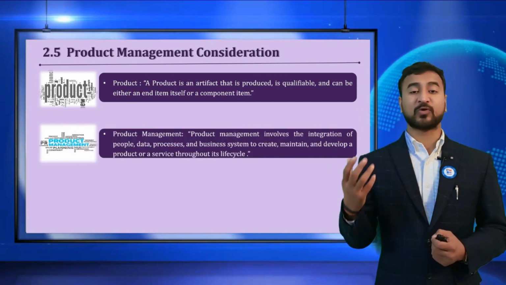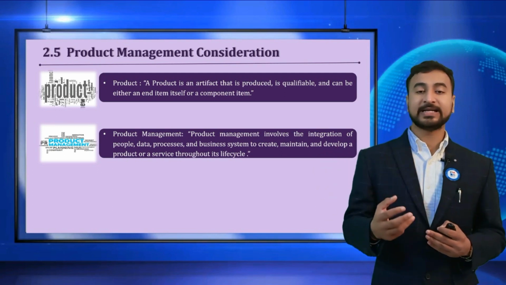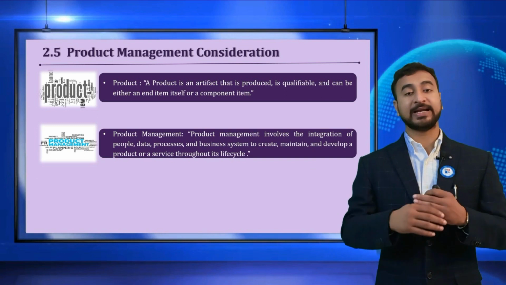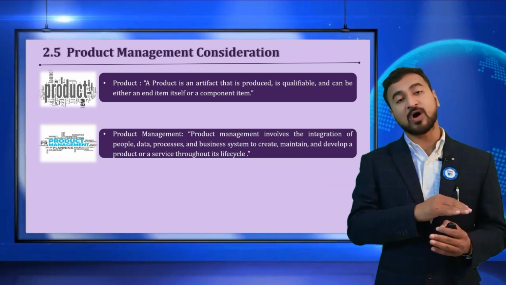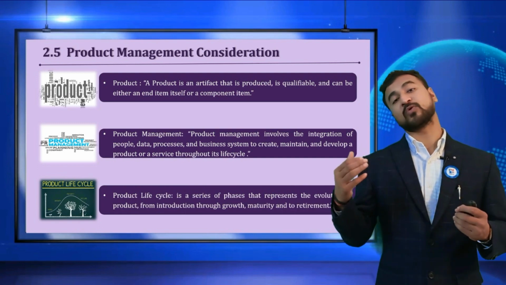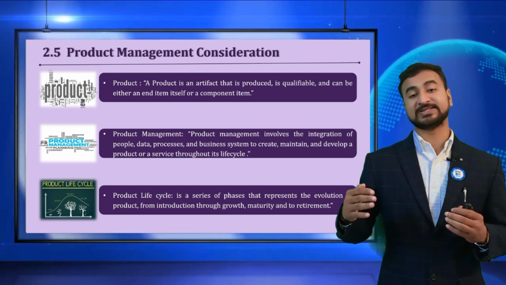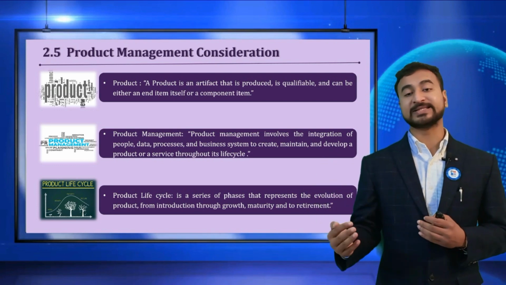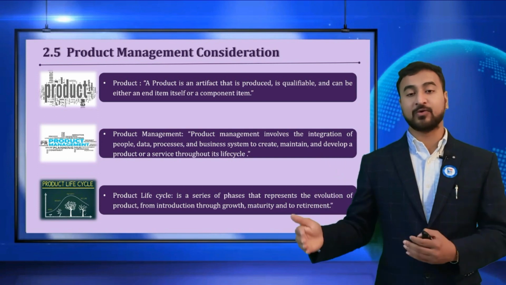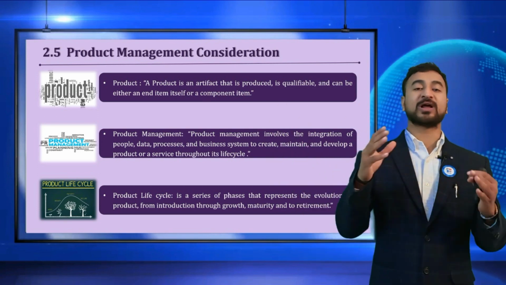And product management involves the integration of people, data, and business processes in the system to create, maintain, and develop a product or a service throughout the life cycle. The most important is the product management life cycle, which is a series of phases that represent the evolution of the product from introduction, then growth, maturity, and retirement.